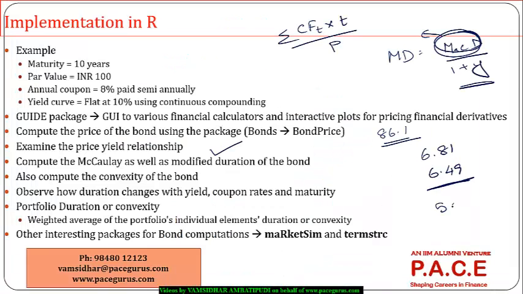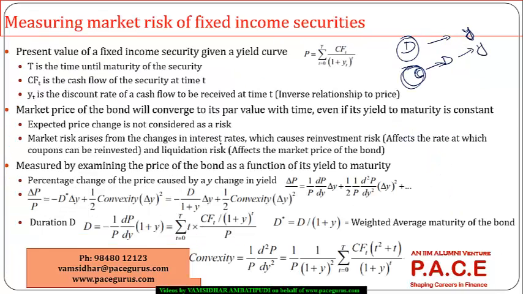Now if the yield changes by some delta y, I'll apply this formula. If the yield changes by delta y, then I can talk about the percentage change in the price. I'll take the duration, which is minus 6.81 times delta y.